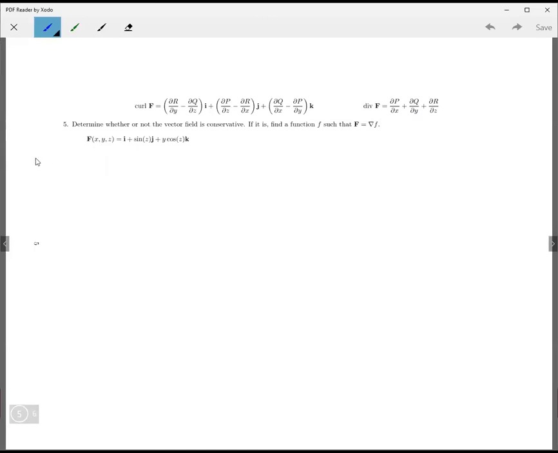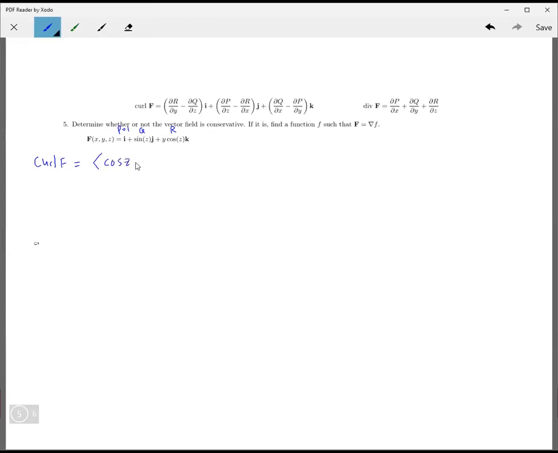So here is the curl. Let's see here, dR/dy, so that would be this one. P is just 1. So dR/dy would be cosine z.